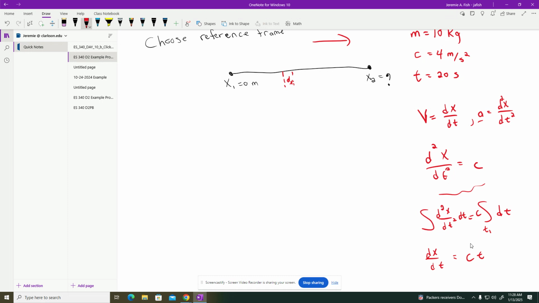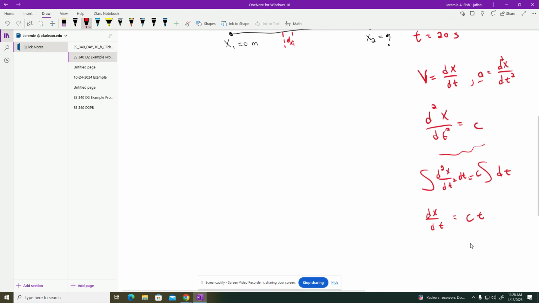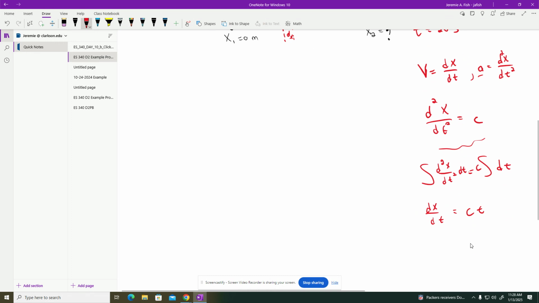I'm not going to do that. I'm just going to leave this in this format for a moment. And then I integrate again dx dt with respect to t.